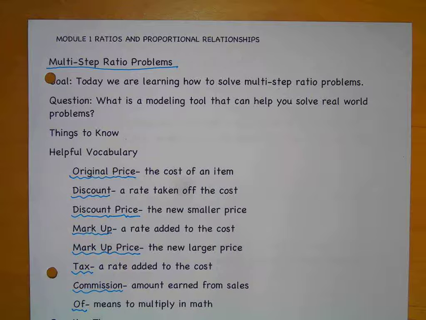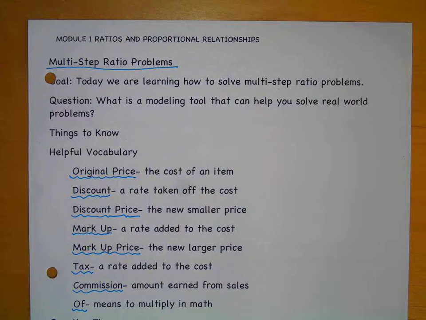And so that's the markup. It's an amount that they add to the cost to make it more expensive for the buyer. But then, because it's more expensive for the buyer, the person who's selling it actually gets to keep some of the money. I know it's crazy, but it does happen all the time. So that's the markup. The markup price is the new larger price that they charge us.